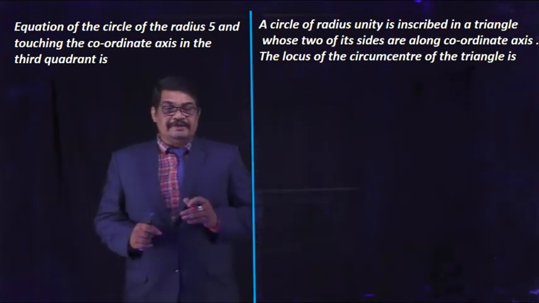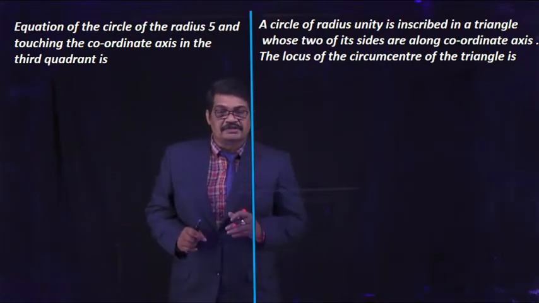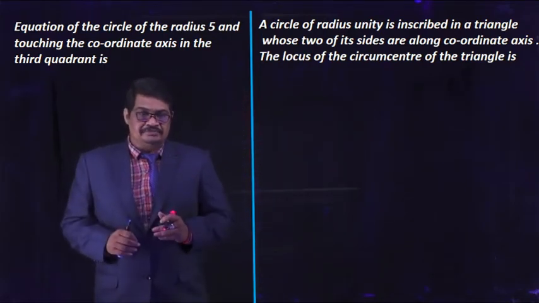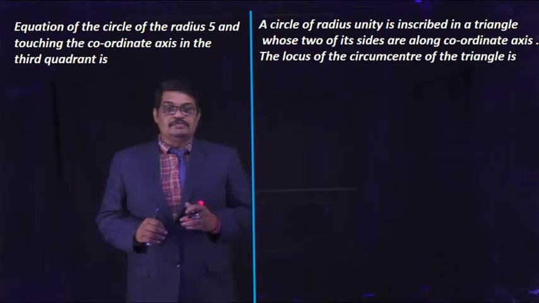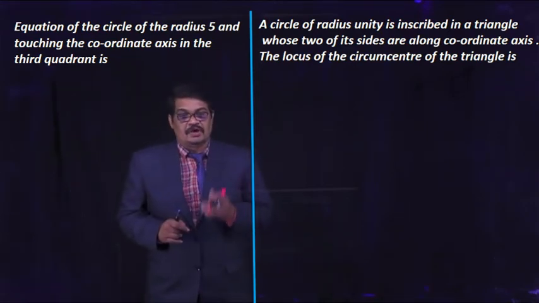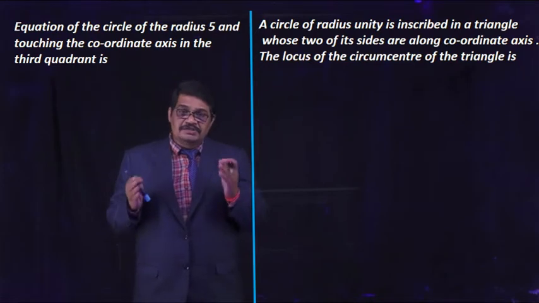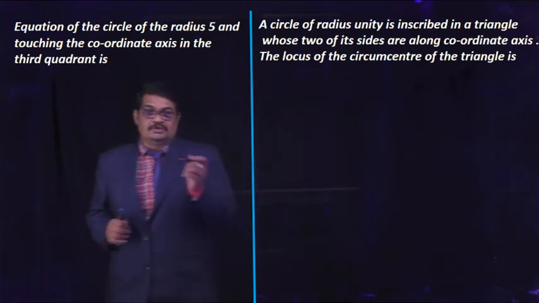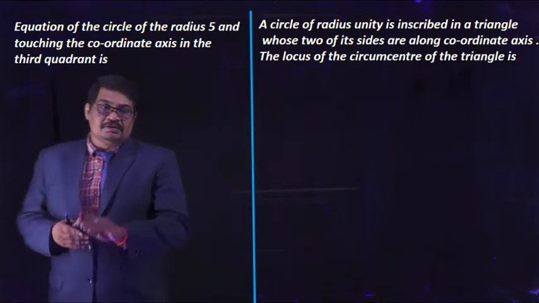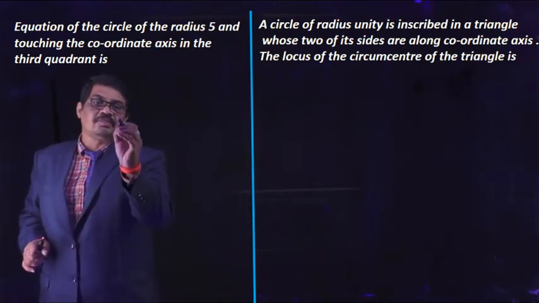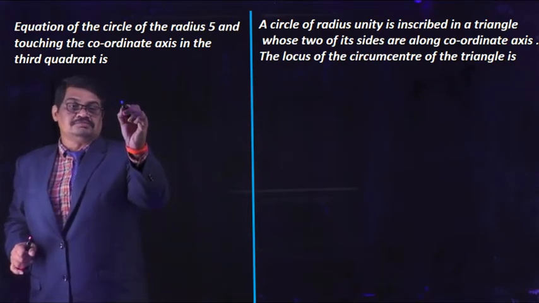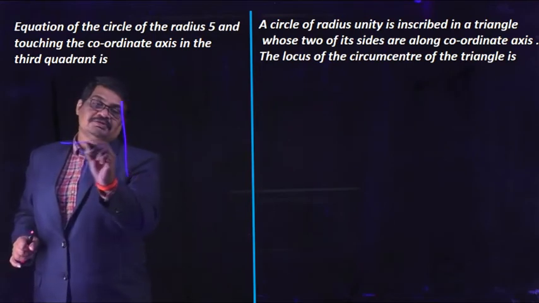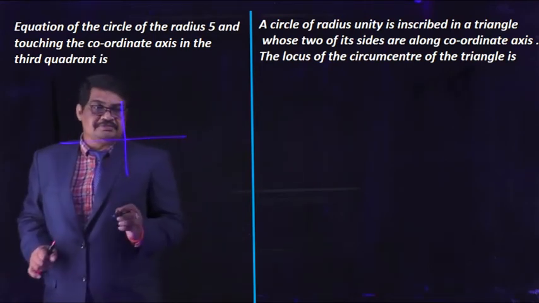Equation of the circle of radius 5 units and touching the coordinate axis in the third quadrant. This is our problem. The required circle of radius 5 units touches the coordinate axis in the third quadrant. Look at the diagram. This is the y-axis and this is the x-axis.